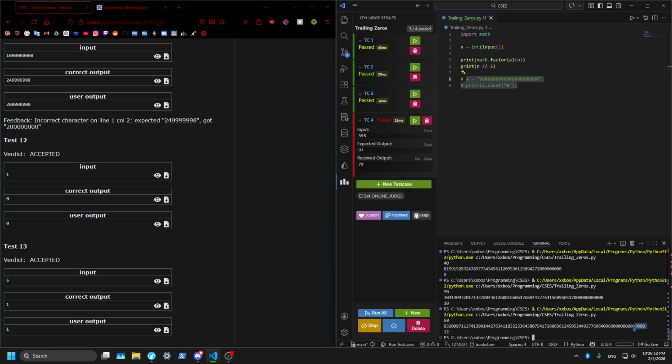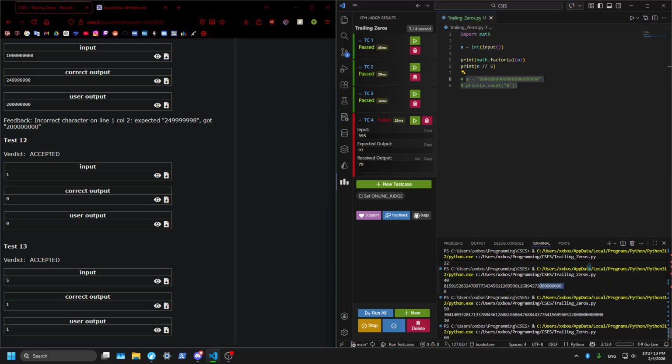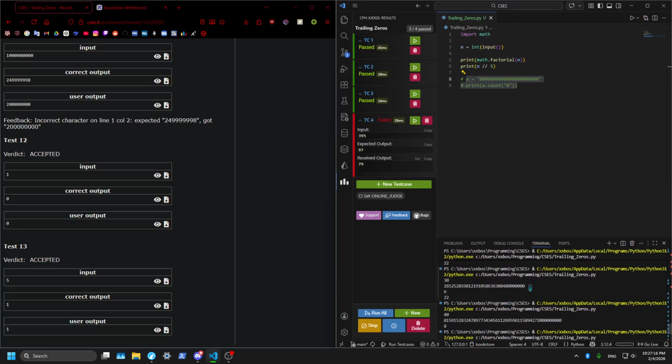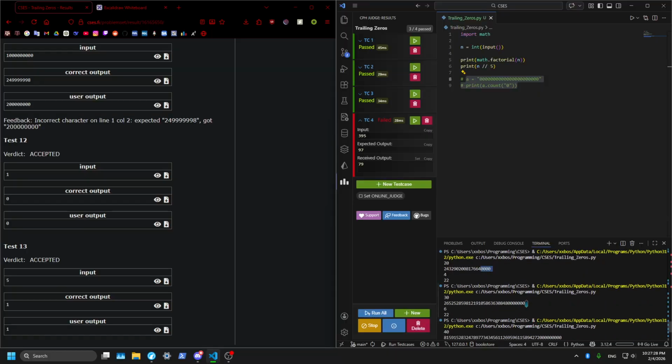1, 2, 3, 4, 5, 6, 7, 8, 9, 10, 11, 12, 13, 14. 60 gave 14. Wait. 40 gave 9. There should be 8. 30 gave 7. 20 gave 4. 30 gave 7.